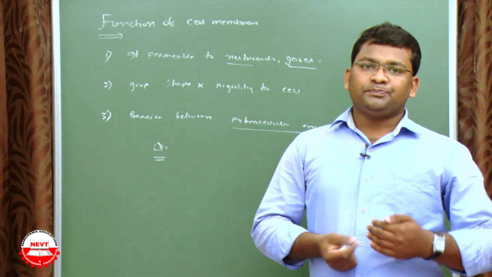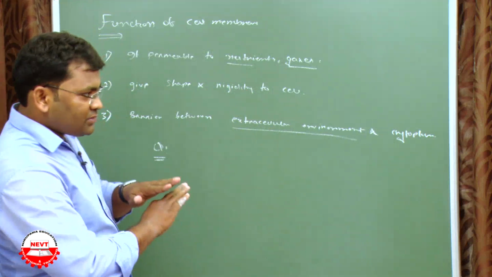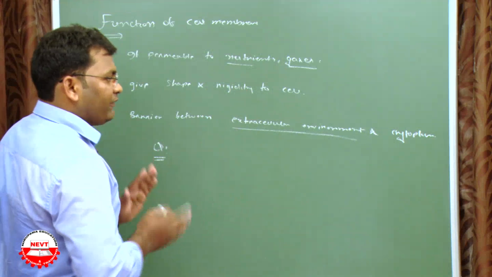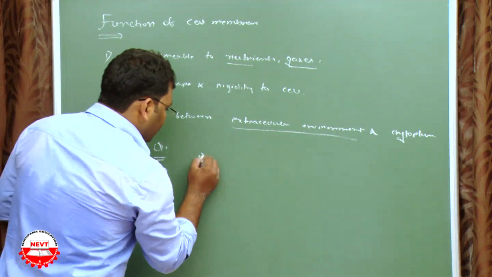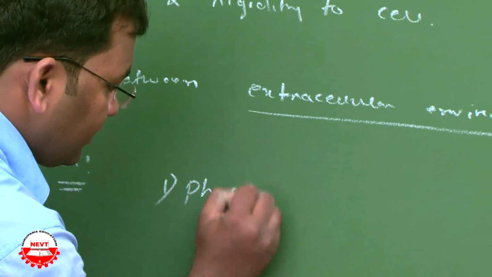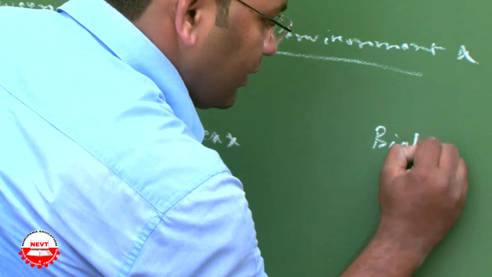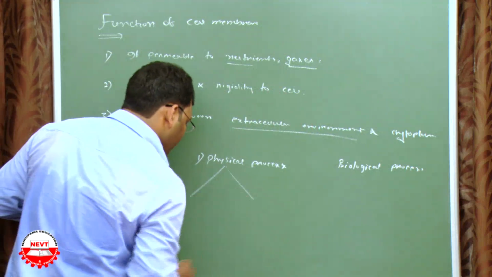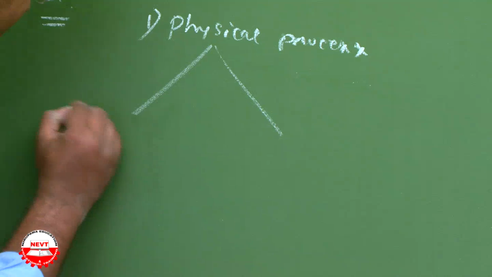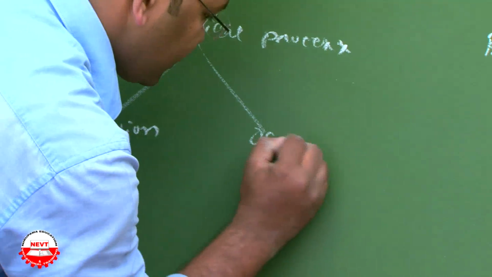Some nutrients require energy and some just move with the help of different pressures and partial pressures, and basically it can be followed by a physical process and a biological process. And the physical process has two parts: one is diffusion, another is osmosis.